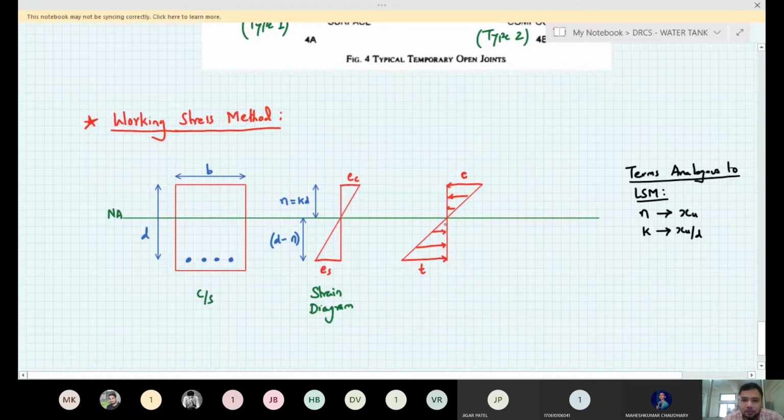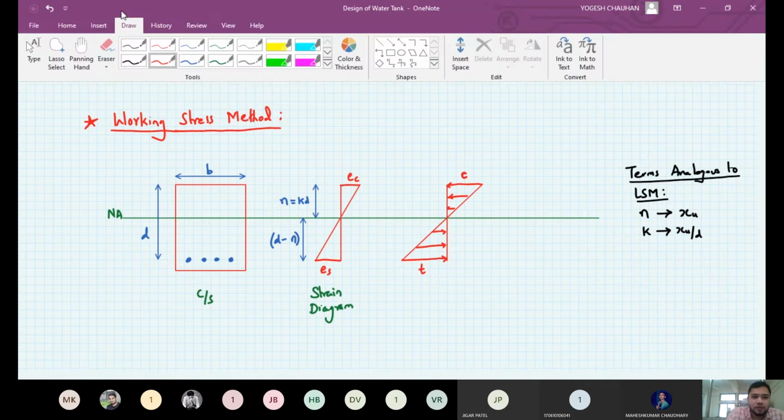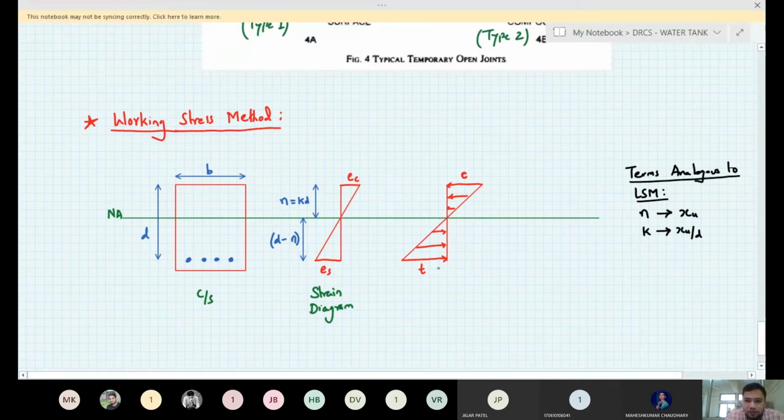So it is a triangular stress strain diagram. Unlike limit state philosophy, here the stress distribution diagram will be triangular.